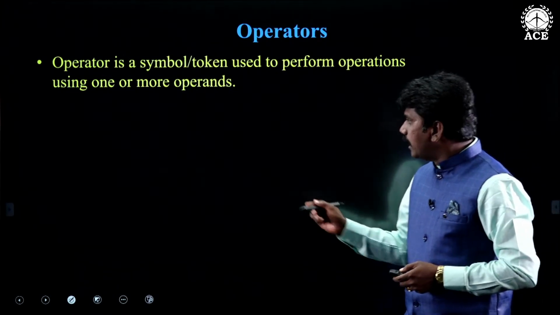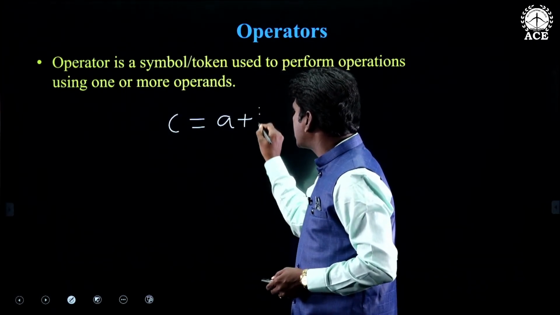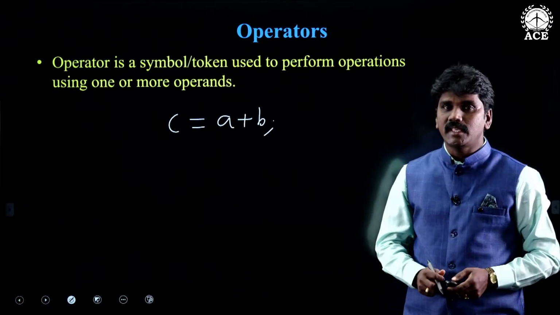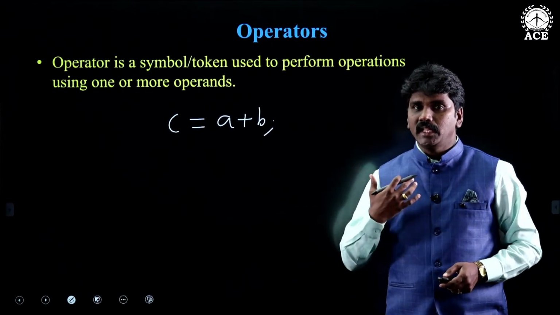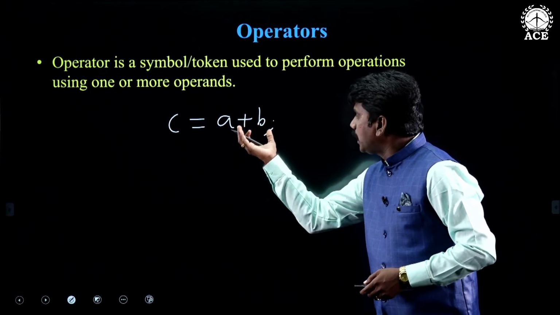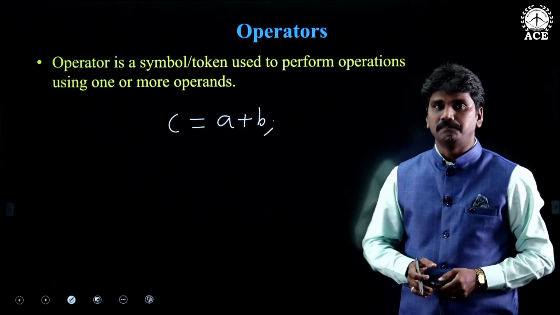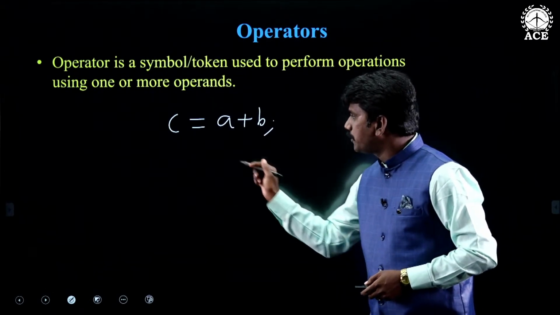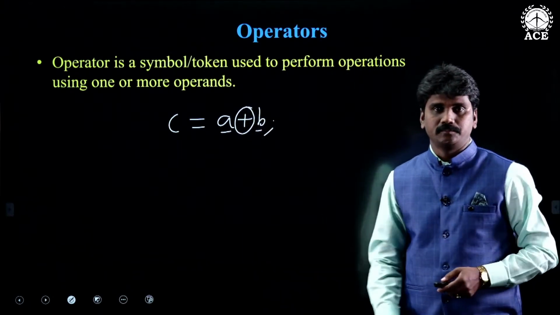For example, let us see one statement like C is equal to A plus B semicolon. Here my intention is to find the addition of A and B, and store that result in the variable C. For this, I have used different operands and also an operator.